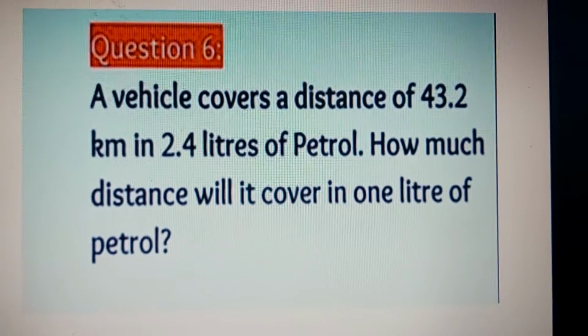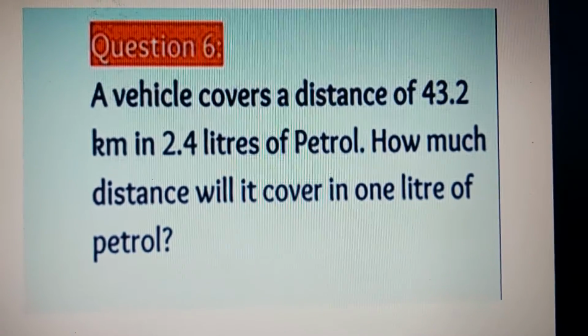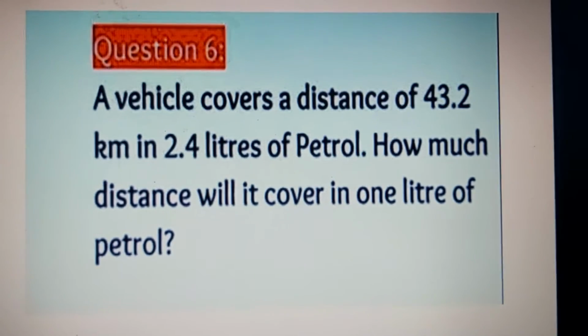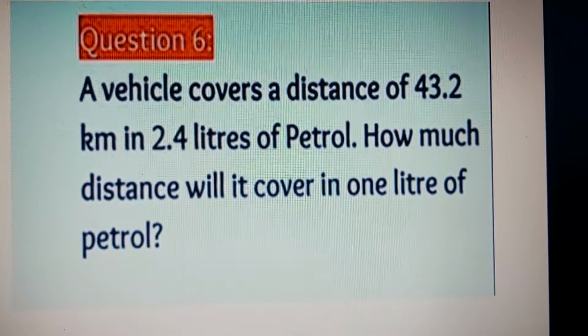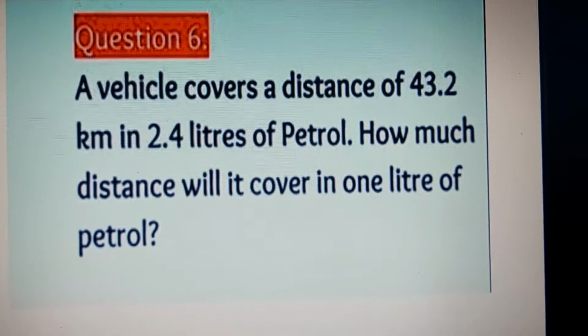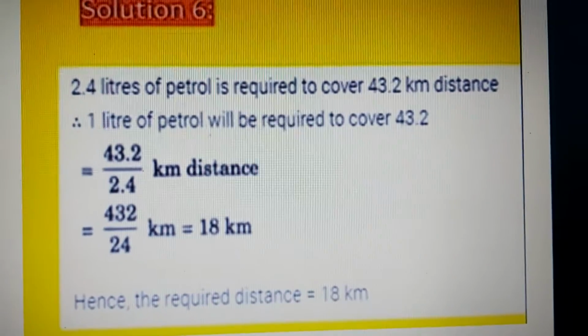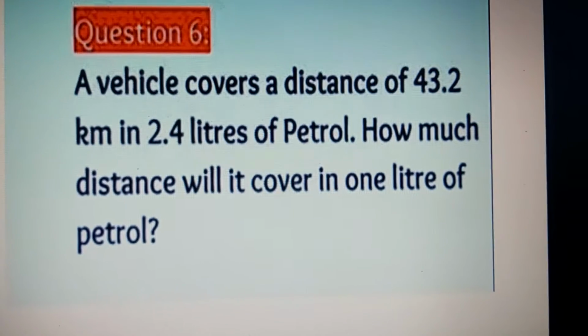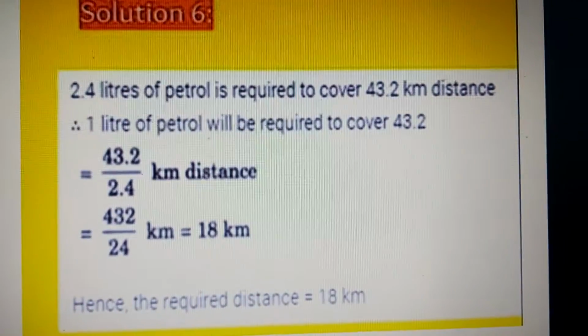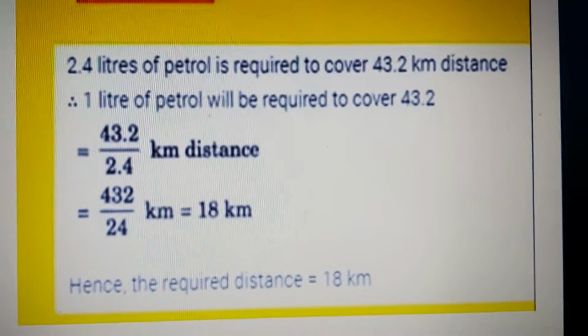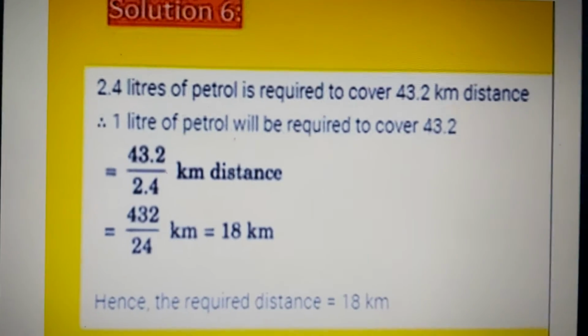So distance is 43.2 and the petrol is given in liters, that is 2.4. Here we have to find how much distance it will cover in 1 liter. So 1 liter of petrol will be required to cover 43.2.